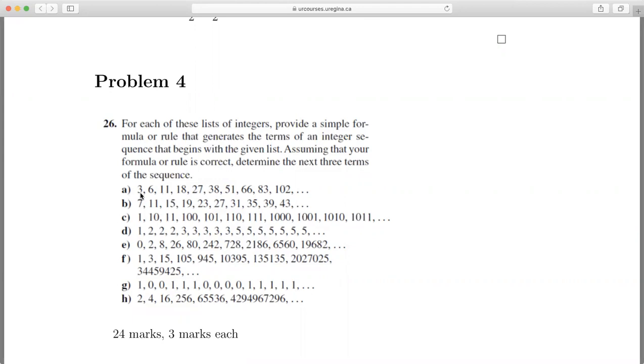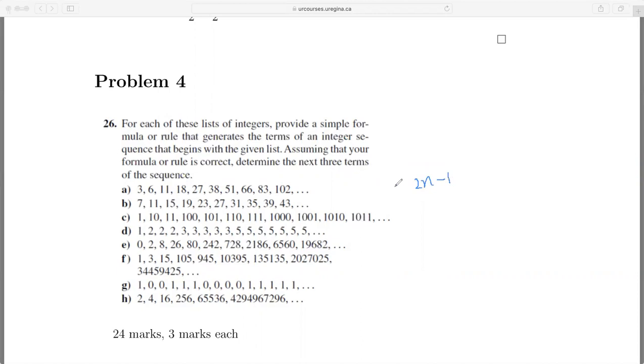Here note that 6 is the previous term increased by 3, and 11 is the previous term increased by 5, and then 18 is the previous term 11 increased by 7, and so on. So each term is the previous term increased by twice n minus 1.